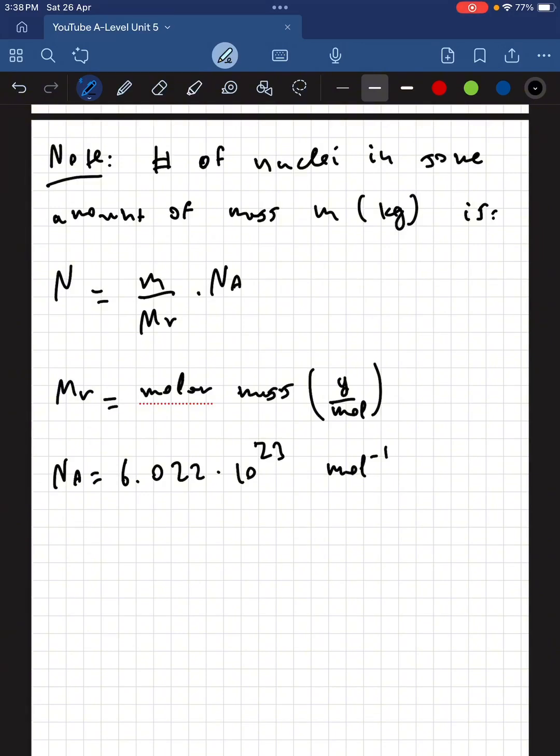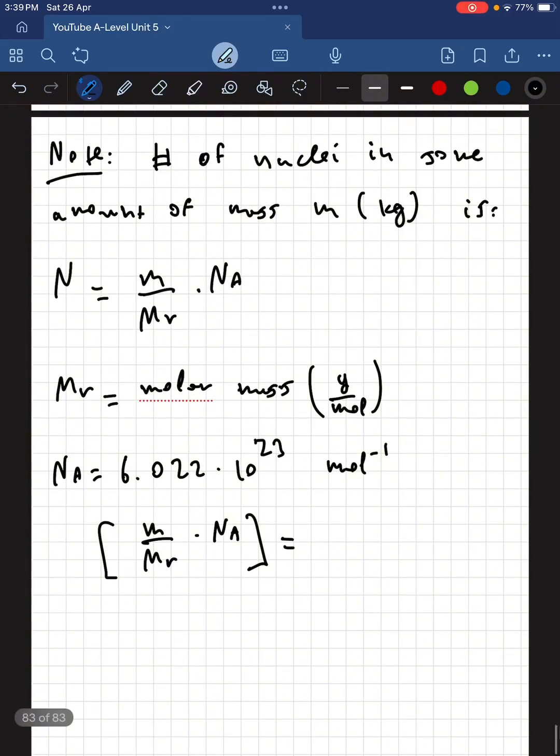So you see that this is a unitless quantity. So N is, sorry, let me write it this way. So mass over molar mass times Avogadro's number. In terms of units, this is kilograms over kilograms per mole times mole to the minus 1.